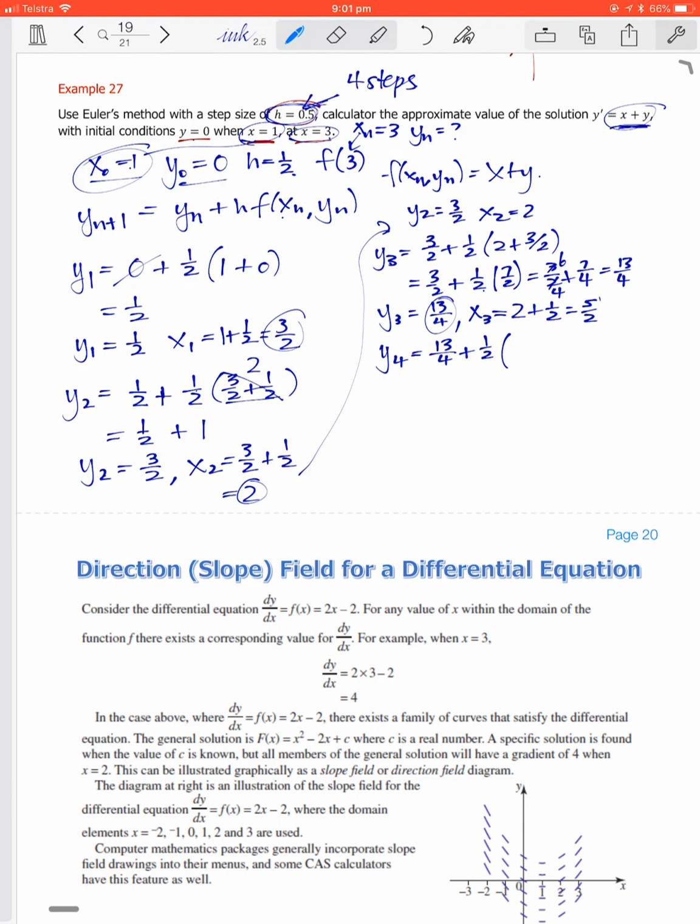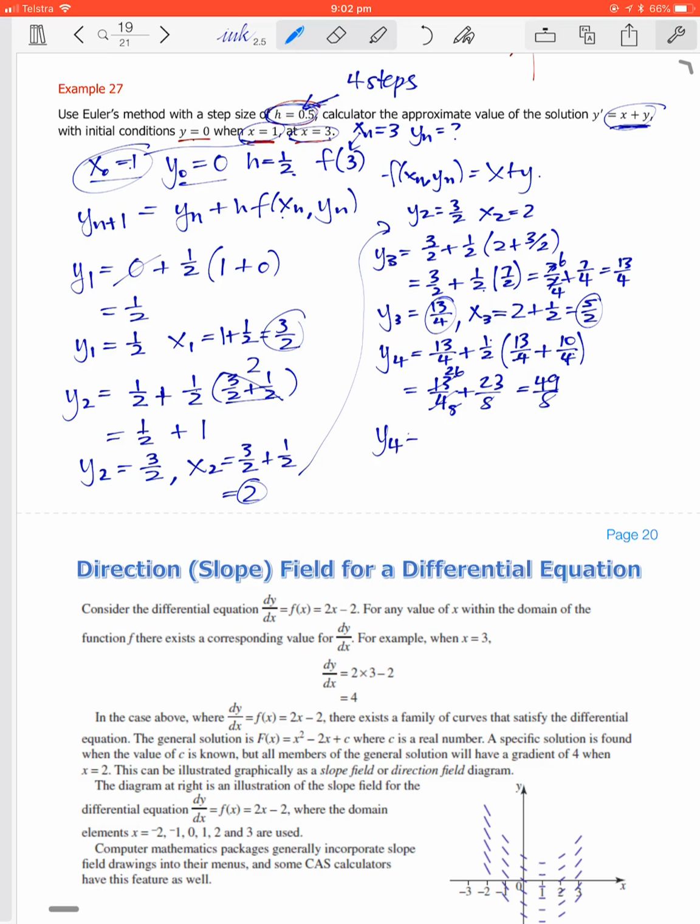So I get 13 on 4 plus 23 on 4 times a half, which is 23 on 8. If I add them together, I'm going to have to make that an 8, which means the top becomes 26. So I get 49 on 8. So therefore y4 is 49 on 8.